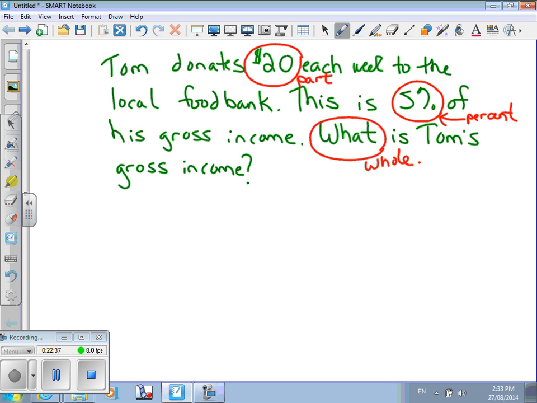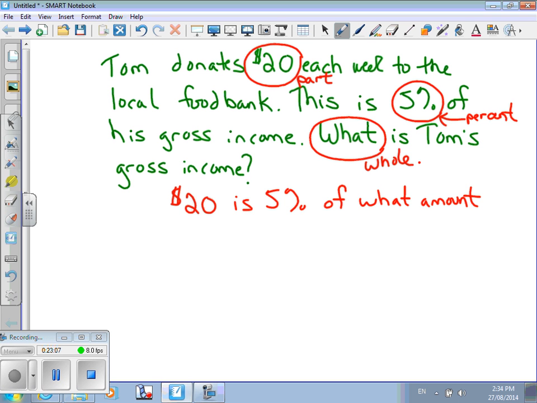For those of you that could find those things within that wordy question, great. And for anyone that would like to take some time and rewrite it to make sure that they've got those things labeled correctly, we could say $20 is 5% of what amount?